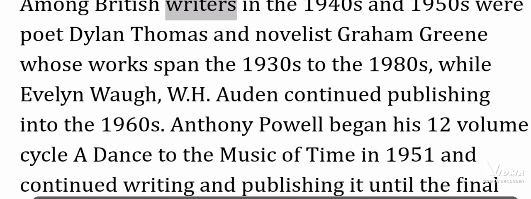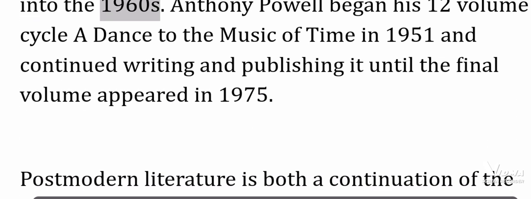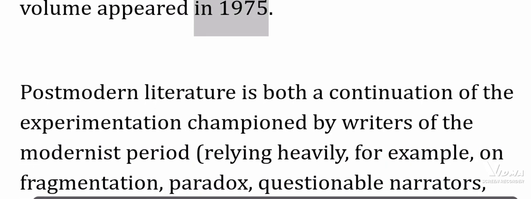Among British writers in the 1940s and 1950s were poet Dylan Thomas and novelist Graham Greene, whose works span the 1930s to the 1980s, while Evelyn Waugh and W. H. Auden continued publishing into the 1960s. Anthony Powell began his 12-volume cycle A Dance to the Music of Time in 1951 and continued writing and publishing it until the final volume appeared in 1975.